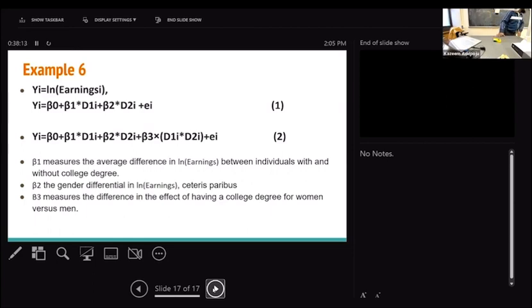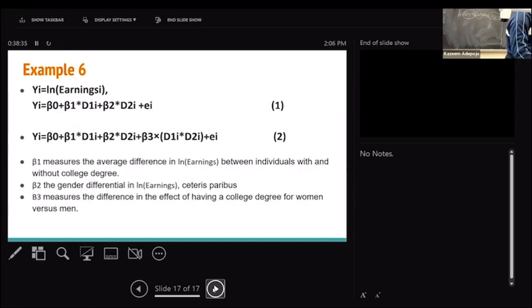Okay, now, if you look at equation 1, equation 1 is without interaction. Equation 2 is with interaction, because of gender.